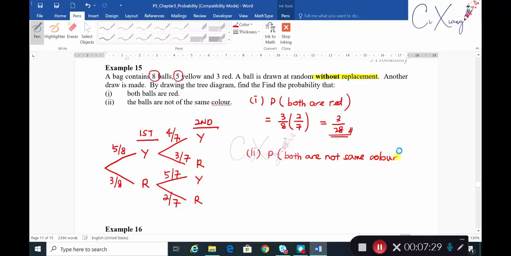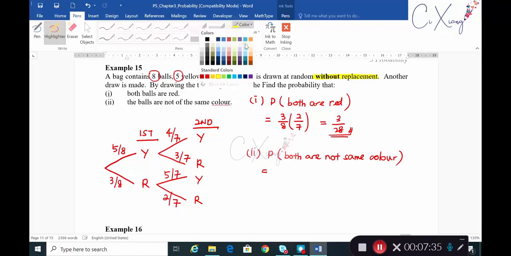So how can we find it out? Again, you find the paths from the tree diagram that fulfill what they want. They want both balls not to be the same color. So if the first ball I get is yellow, the second ball should be red. This is the first pathway from the tree diagram.